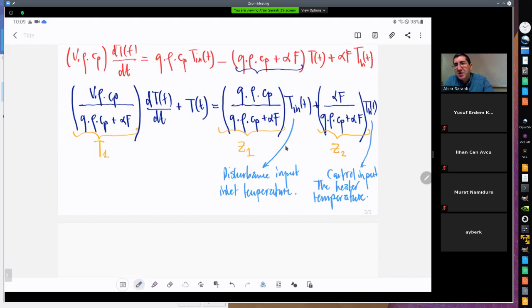For example, if this inflow of liquid is changing with time, then this system would be a time varying system. Because Q will not be a constant, but it's going to be Q(t), a function of time, which will make Z1 a function of time. So this system will be time varying.